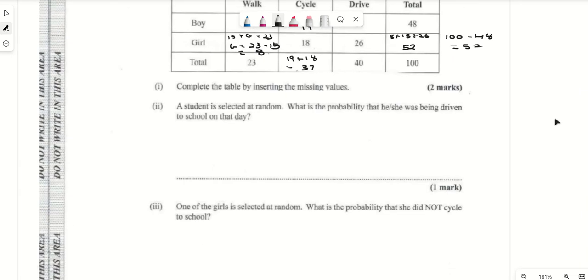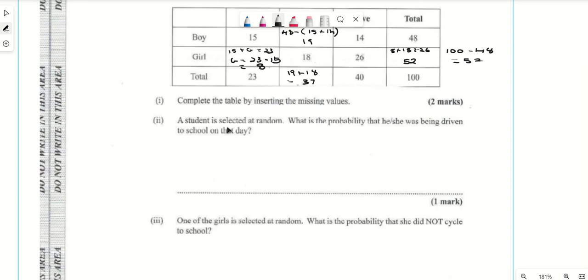And then they ask, the second part is, a student is selected at random. What is the probability that he or she was driven to school on that day? We know that probability is equal to your desired divided by the total.